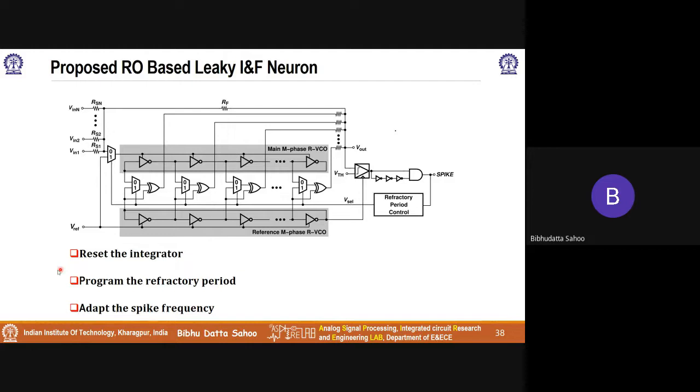Because if I see a cat or a letter, let's go for character recognition. If A comes in, then one neuron should fire more frequently. If B comes in, another should fire more frequently, and that is where the training comes in. So that's where the programmable refractory period and the spike frequency come in.